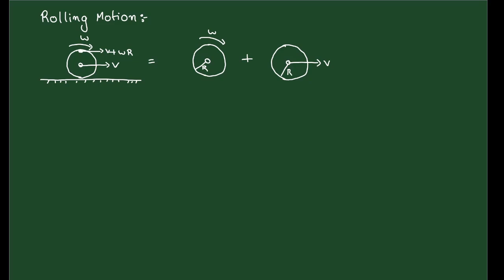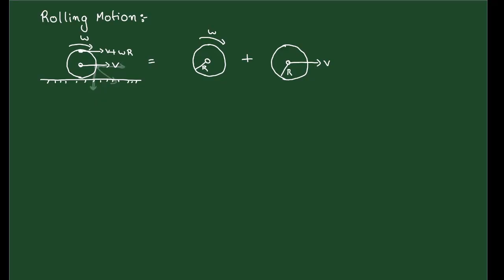Fair enough. Now if someone asks what is the velocity at this other point, the velocity due to rotation is omega r in the downward direction, and the velocity due to translation would be in this direction. So the combined velocity would be a vector sum, and the resultant vector would be in this direction.